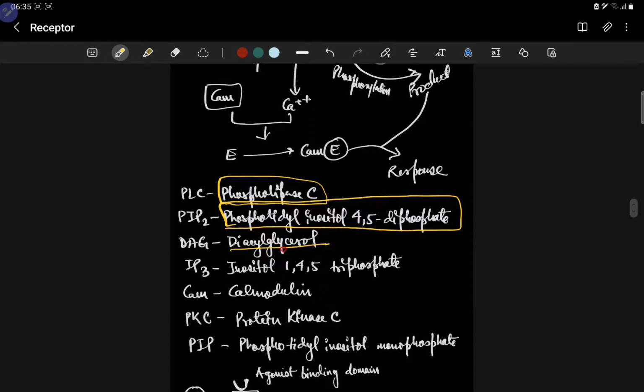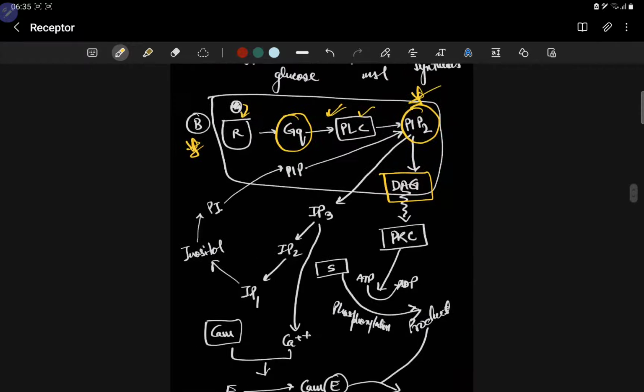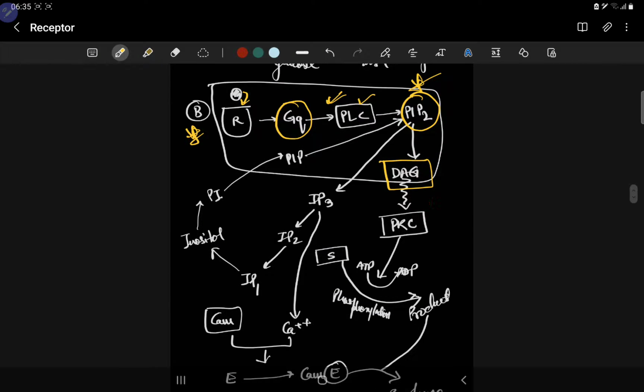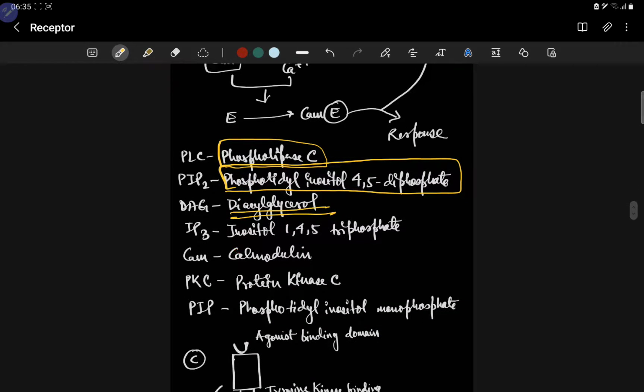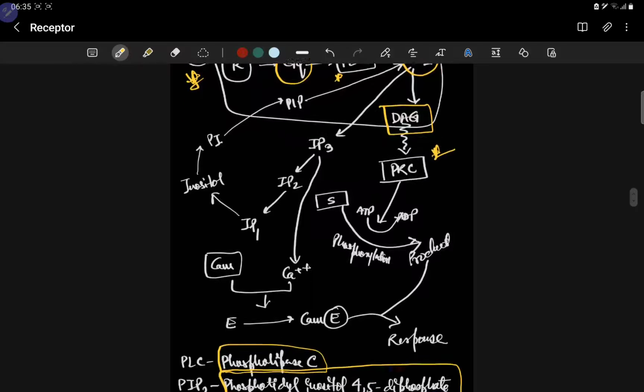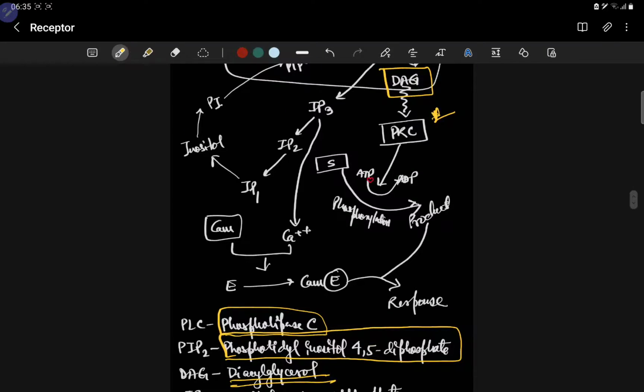It is diacyl glycerol, which in turn activates PKC. So PKC and PLC are different. What is PKC? PKC is protein kinase C. Now protein kinase C will then activate an ATP into ADP, and substrate will be turned into product. So this is the phosphorylation reaction.